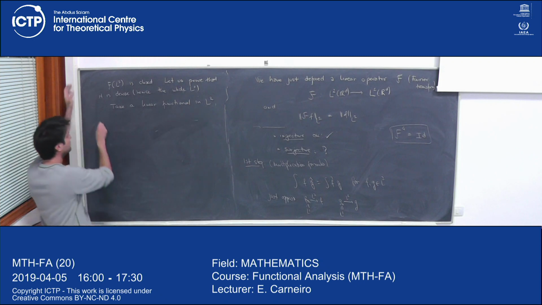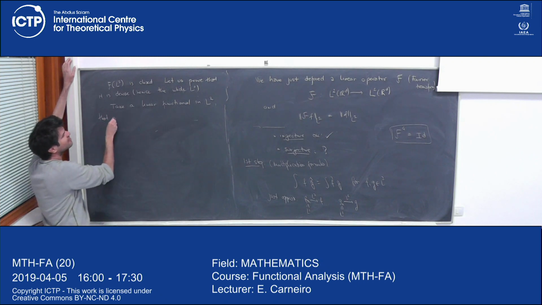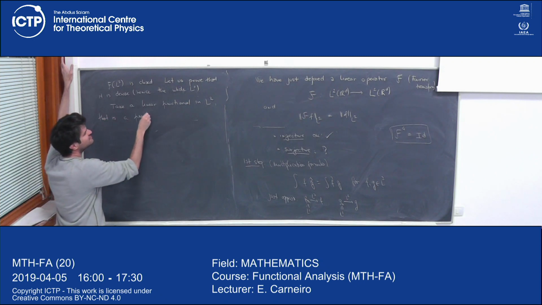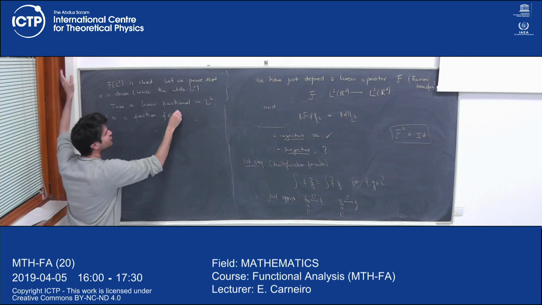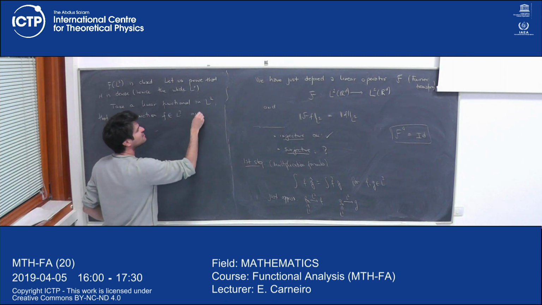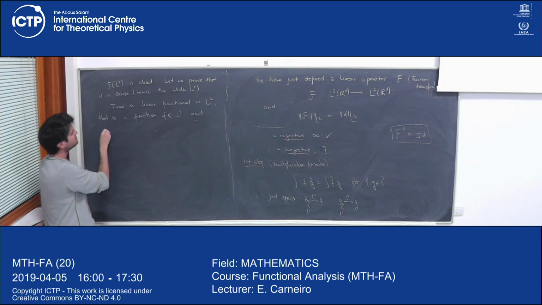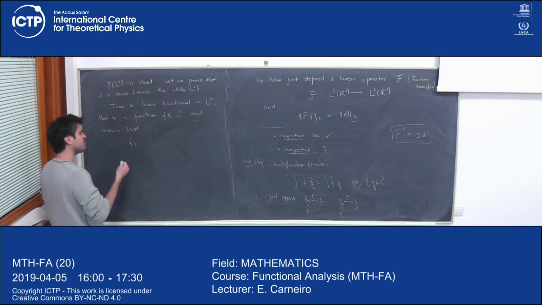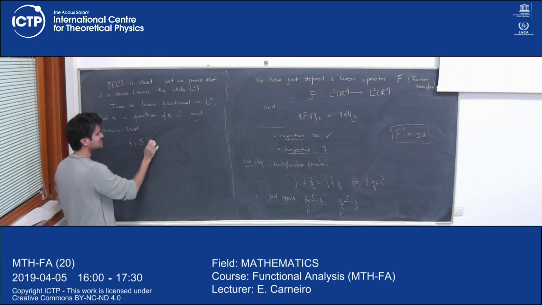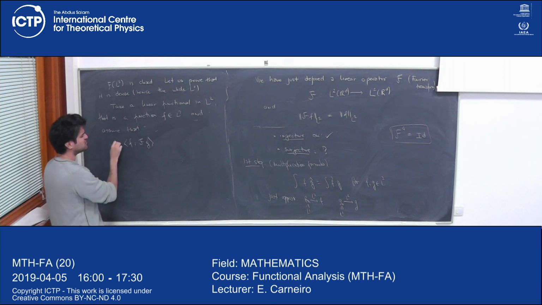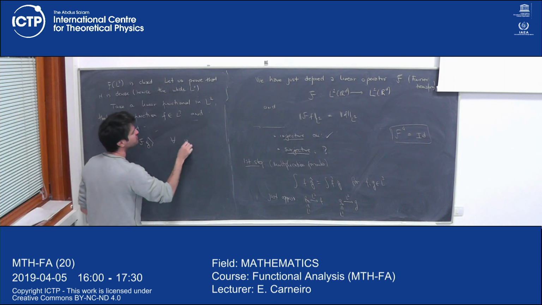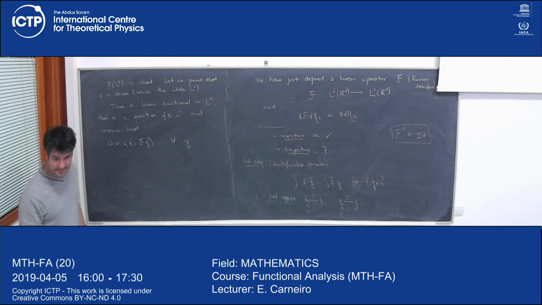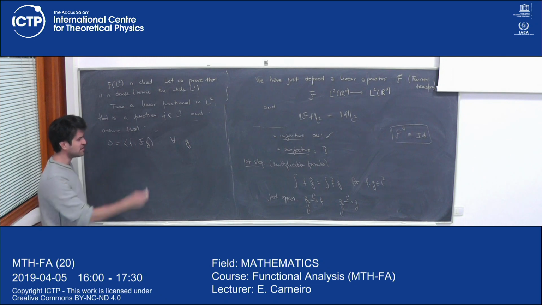So take a function f in L2, and assume that the inner product of f with g is 0 for all g. How do you conclude that f is 0?